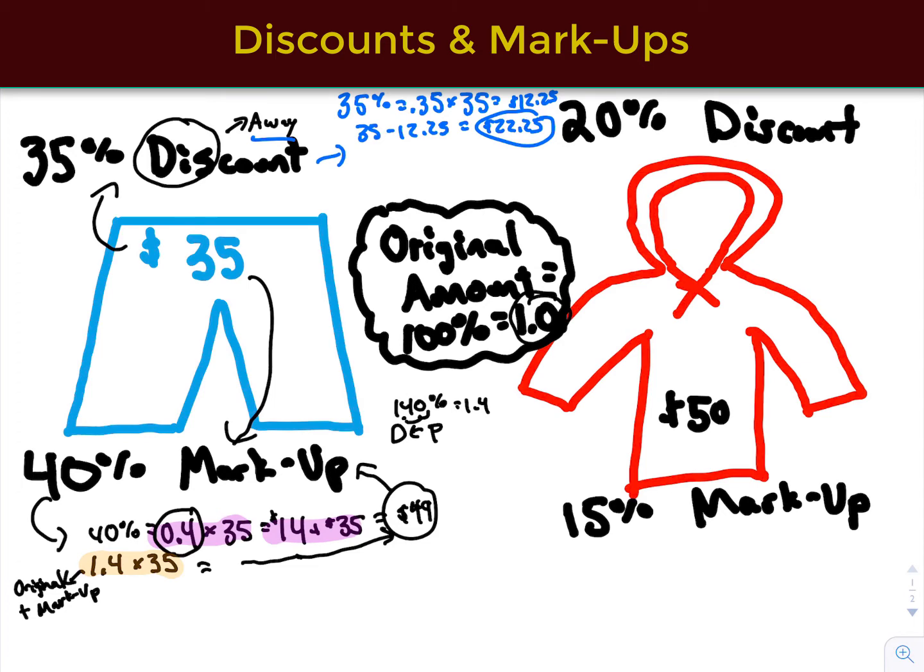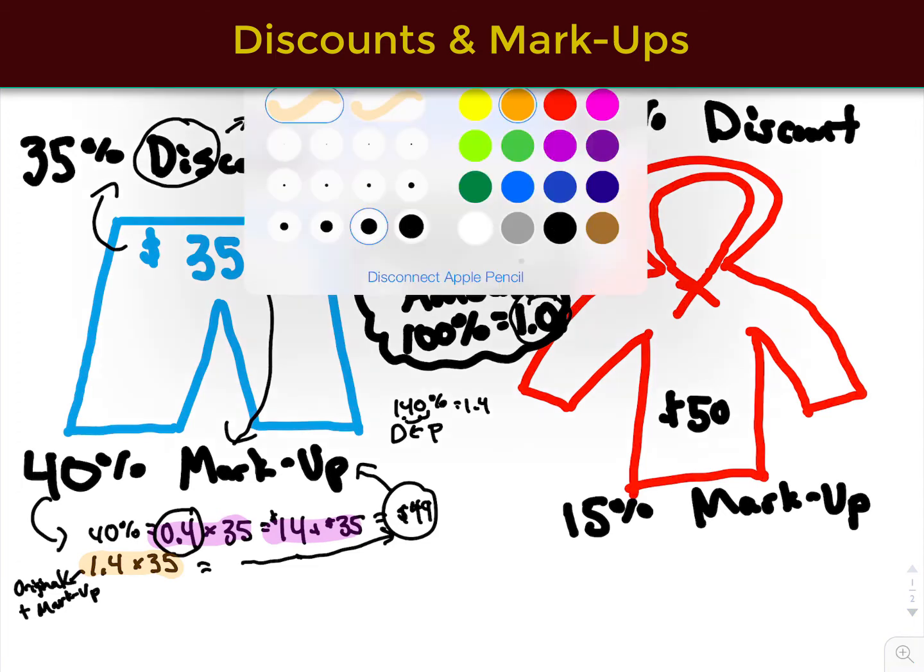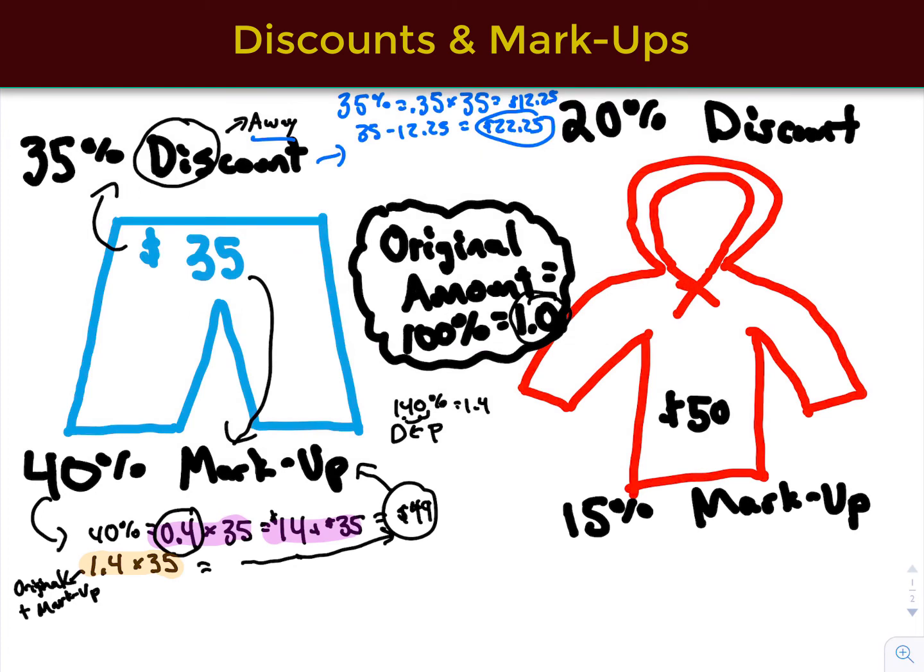Now again, this was done in two equations. I took my 0.35 and I multiplied by 35, the price. So I took the percent of discount, 35%, which is 0.35, and multiplied by the price of the jeans, and that resulted in $12.25. And I then subtracted that amount from the original.